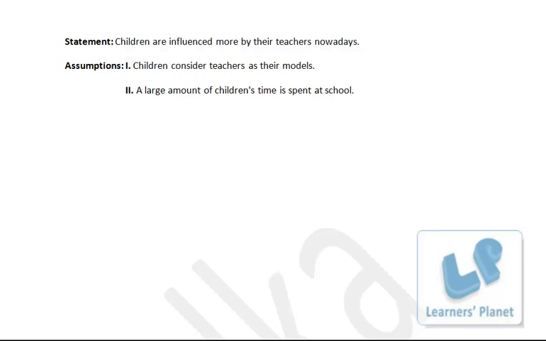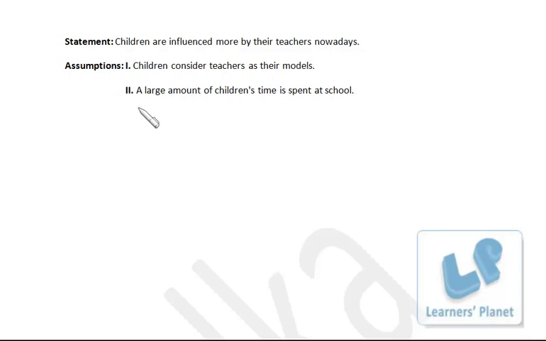It's human nature, like we get influenced by our models only. We follow some particular politicians, stars, actors, maybe some sports star, and we easily get influenced by their acts or deeds. So the first assumption is really implied.